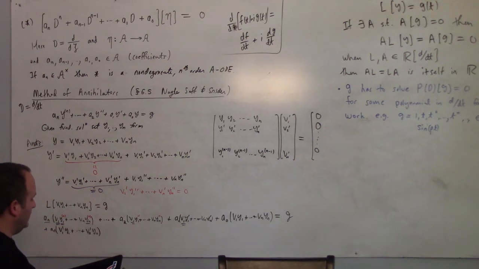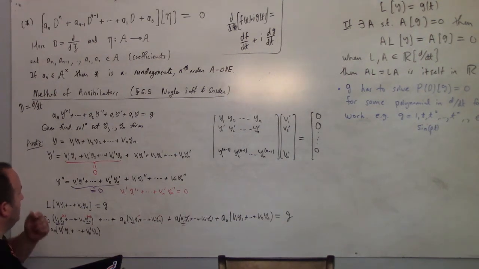Shouldn't that be v1 prime y1 to the n minus 1? I know that that's 0.